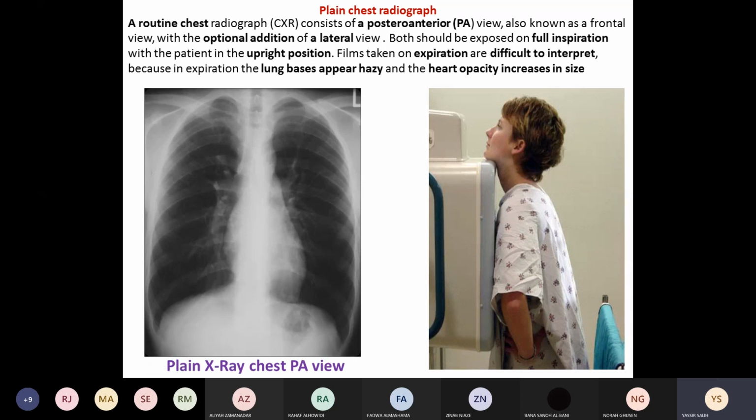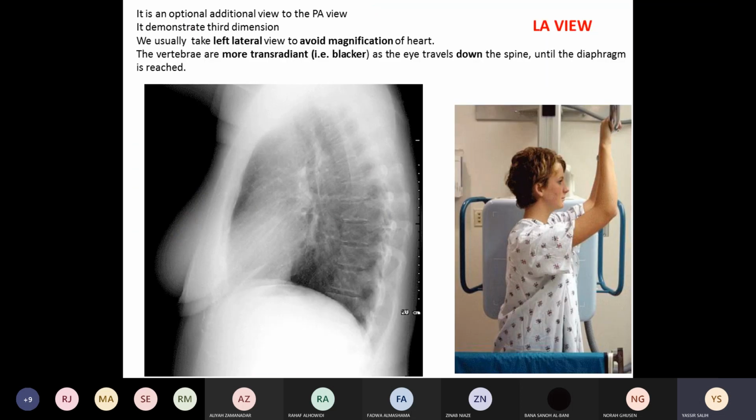Also there is another optional view that sometimes may be requested: the lateral view. In the lateral view, the X-ray photon or X-ray beam enters from the side of the patient and exits from the other side, and then reaches the detector or film to form the image.